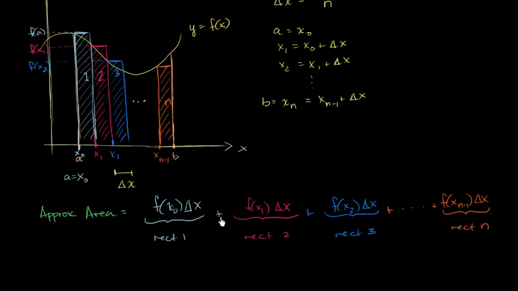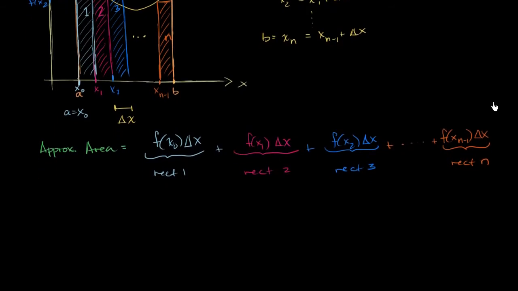But to really make us comfortable with the various forms of notation, especially the types of notation you might see when people are talking about approximating areas or sums in general, I'm going to use the traditional sigma notation. So another way we could write this is as the sum, and remember, this is just based on the conventions that I set up, I'll let i count which rectangle we're in, from i equals 1 to n.